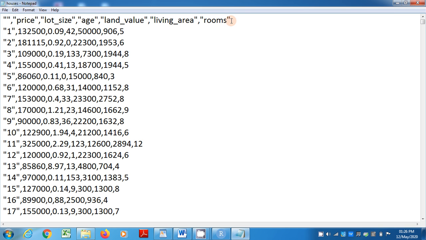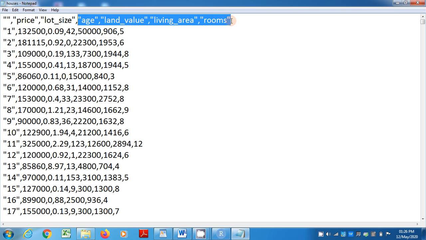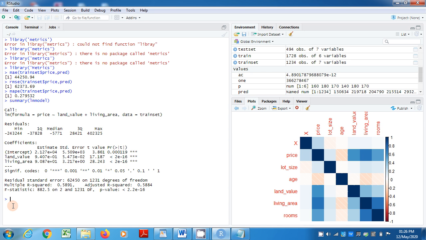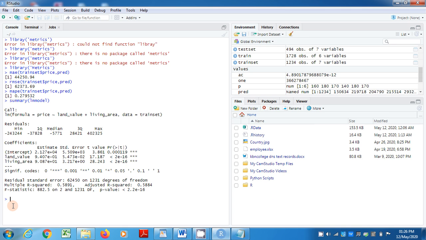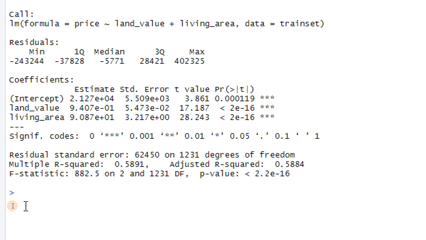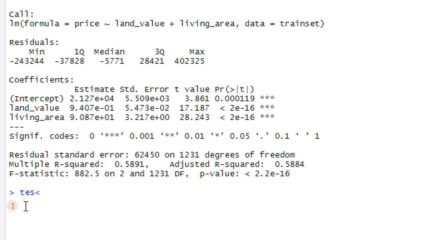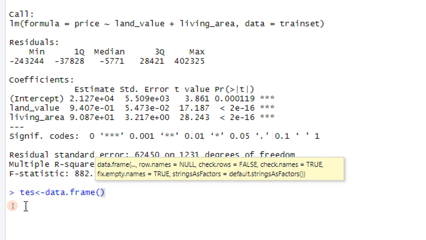So these are my values. This has to be exact. I will take these values and create a new data frame for testing purpose. I'm taking a variable called TES, data.frame.